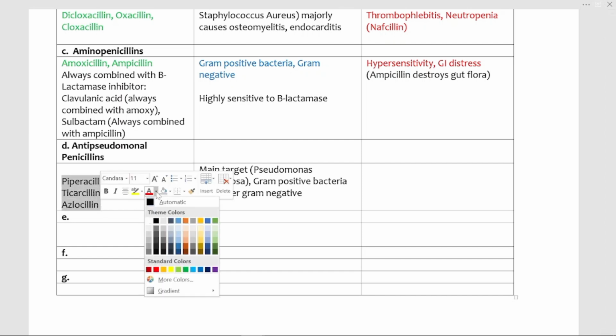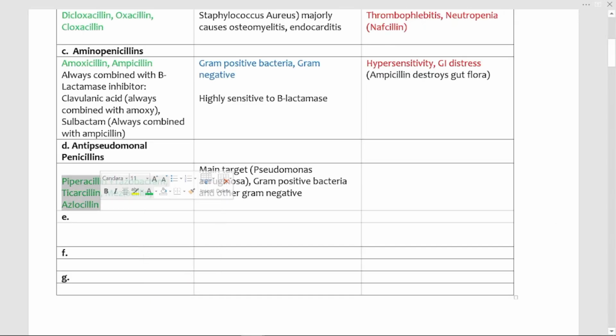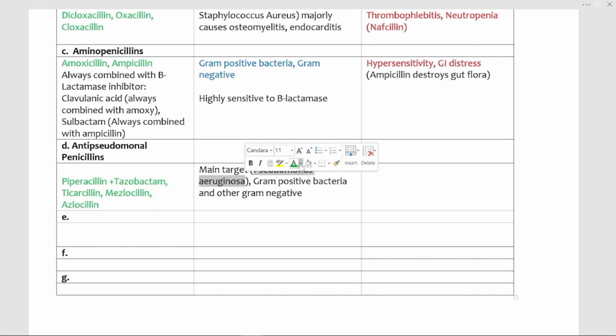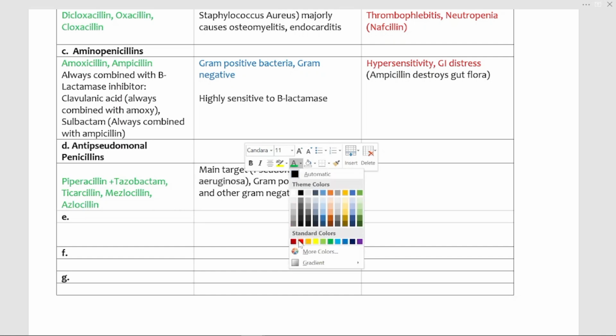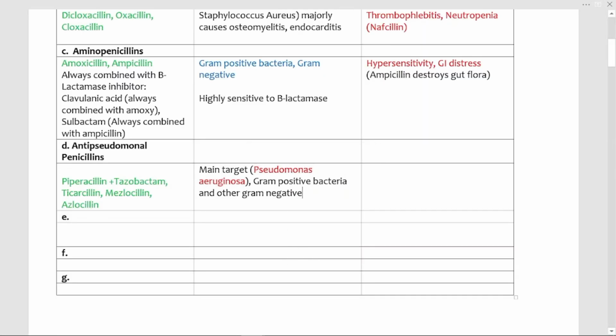But you have to note one thing: when it comes to side effects, there's not much difference from other penicillins, given that this drug also leads to hypersensitivity. So when a client is sensitive to penicillin, you can't give this drug, because it will lead to a reaction and anaphylaxis.